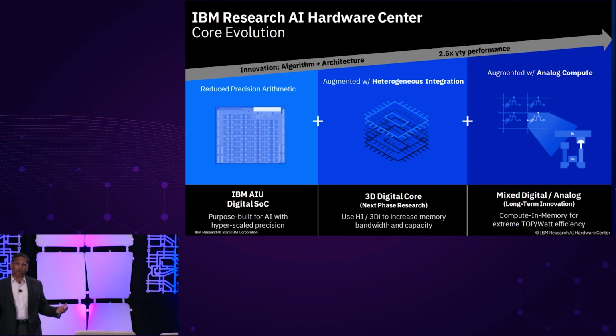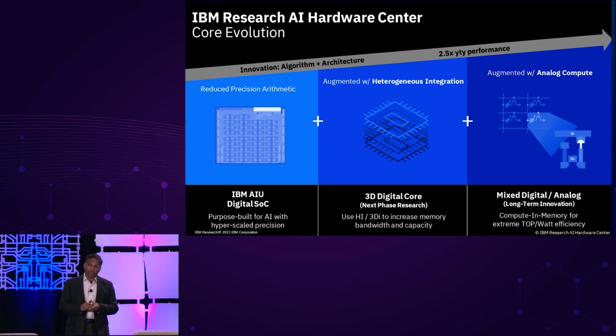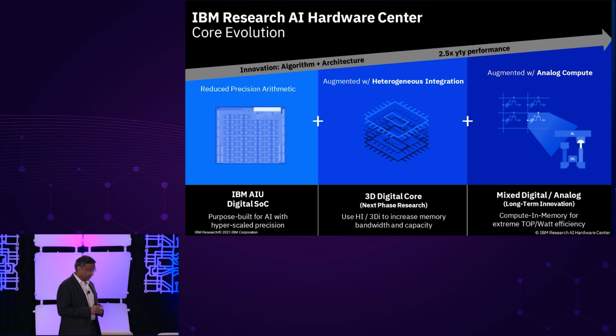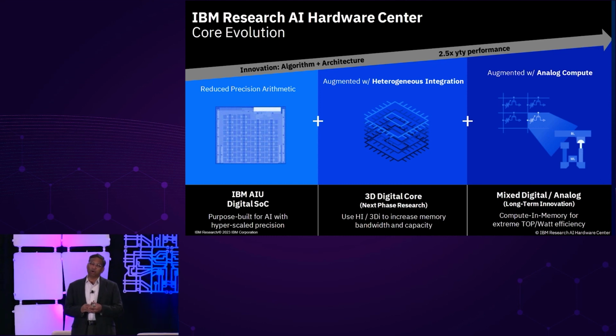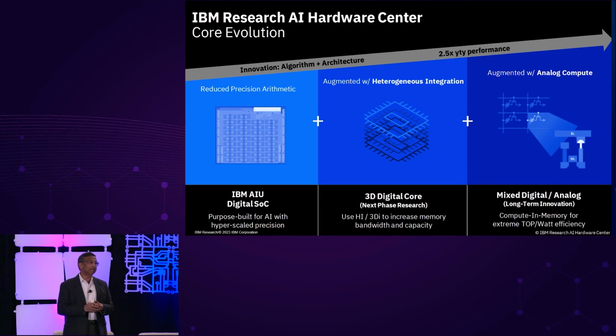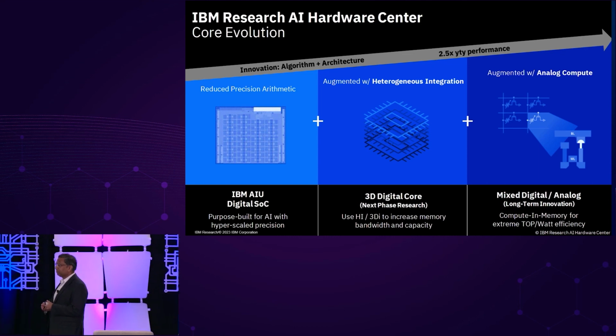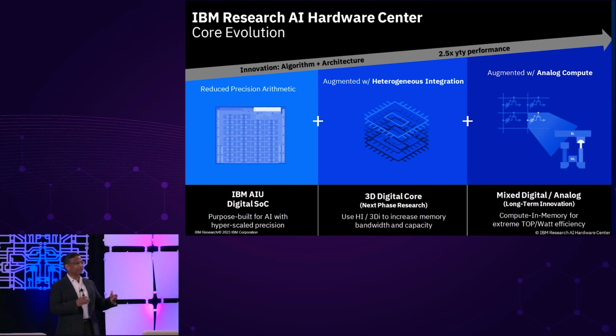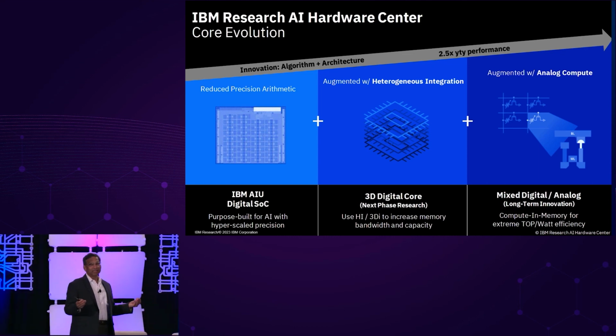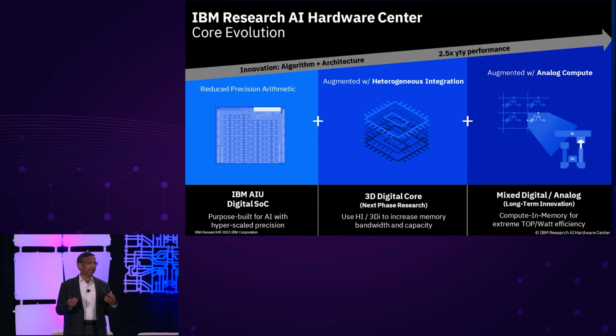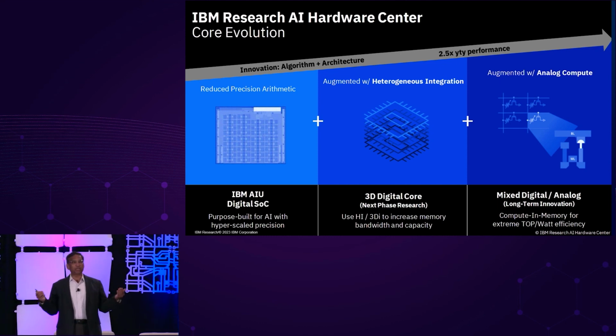So in this journey of AI hardware, we put a challenge to ourselves. We launched the AI Hardware Center in 2019 with the challenge of, can we improve energy efficiency by 1,000 times in 10 years? Because if you look at all the things we talked about earlier on, the one thing we all know is that AI is just an energy-consuming technology.